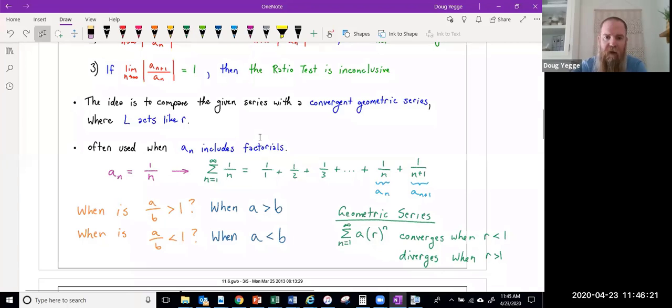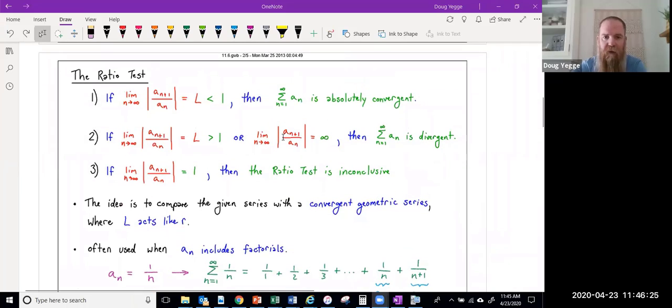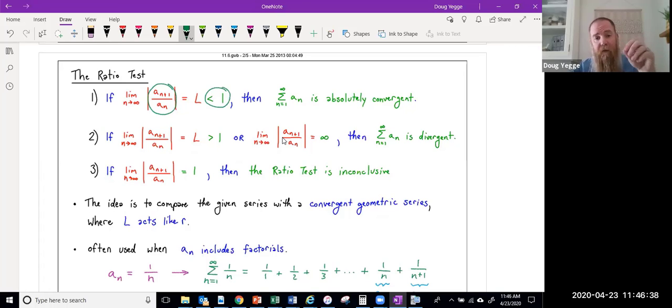Well, basically, we're doing the exact same thing here, only now we're looking at it in terms of the next term and the prior term. If this ratio is a fixed number that's less than 1, then that must mean that the next term was smaller than the prior term, so that must mean that it converges.